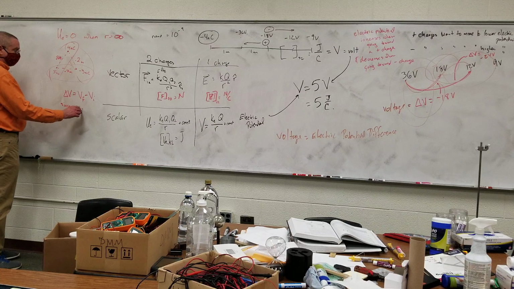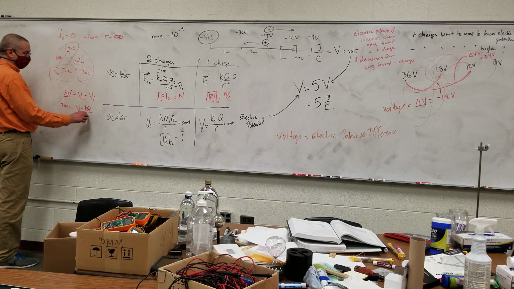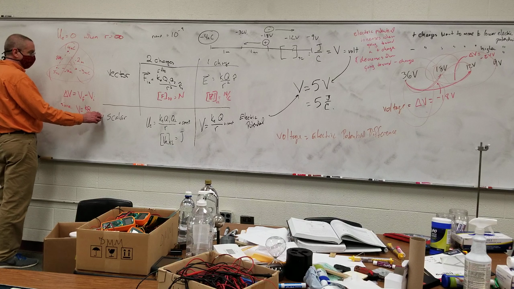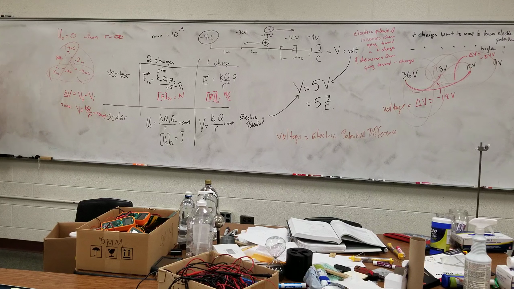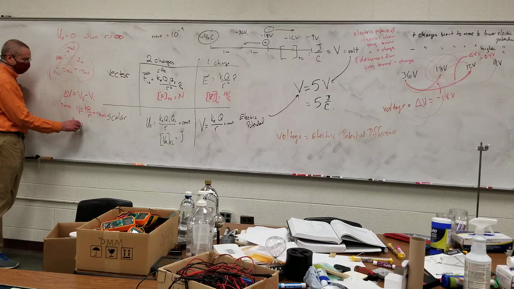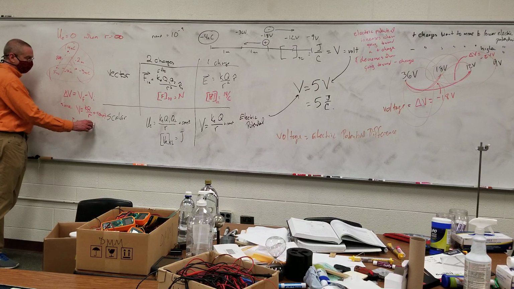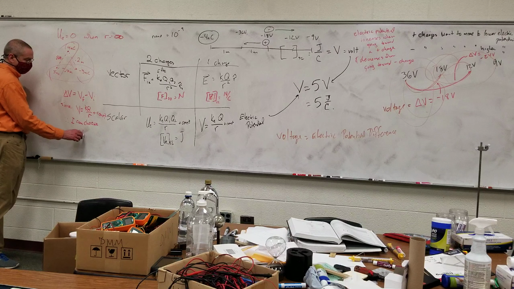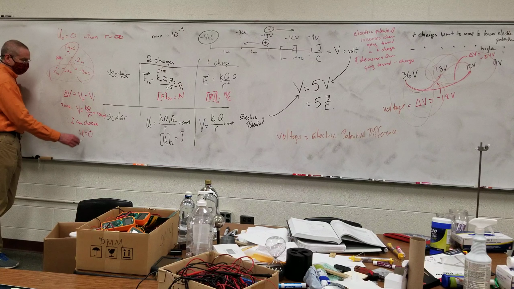Since electric potential is kQ over r plus some constant, this gives me the freedom to decide where 0 is wherever I want. Therefore, if it's not already chosen for me, I can choose my initial potential to be 0 volts.